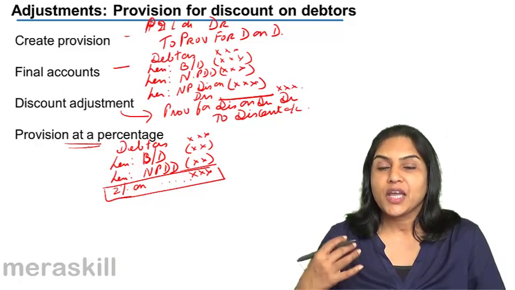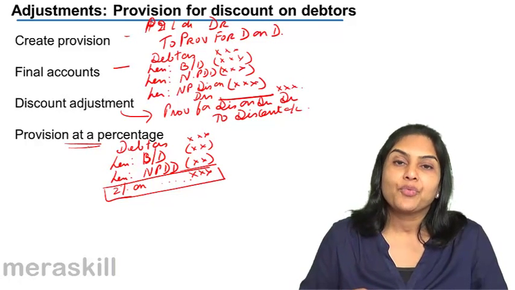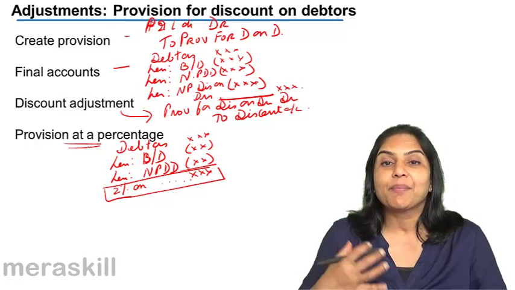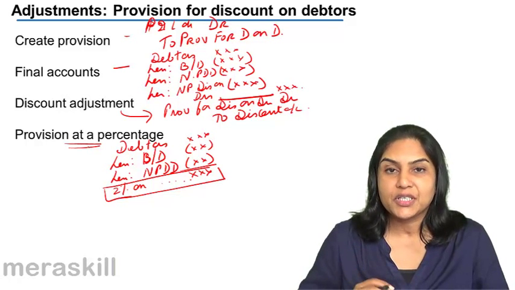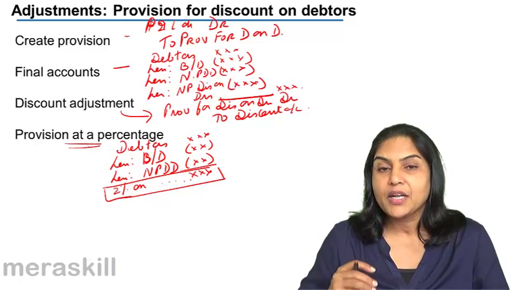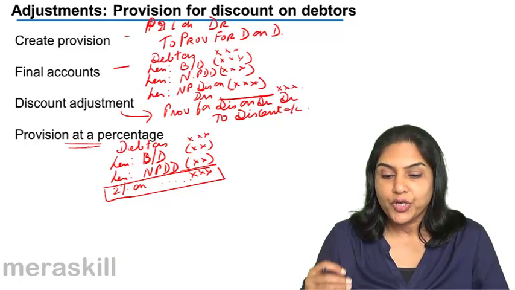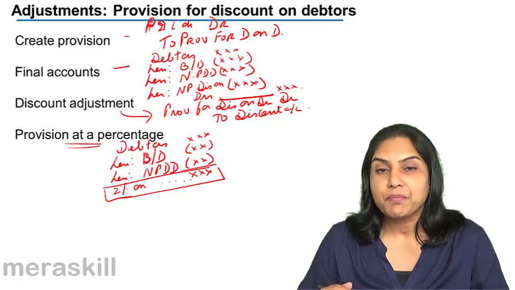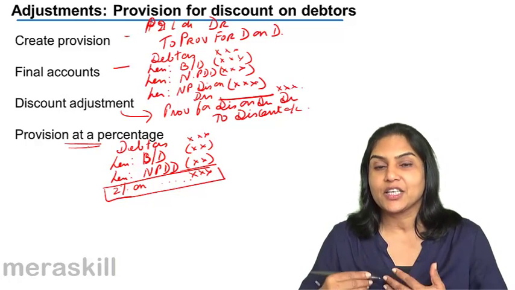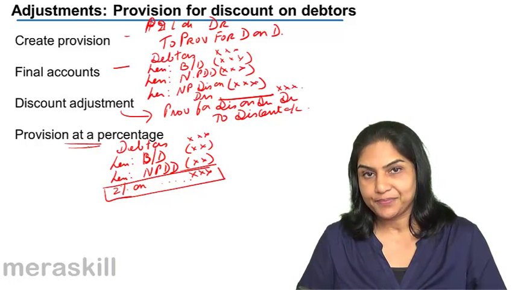This is because if a debt is doubtful, we really don't expect an early payment from this debtor. And providing for discount on debtors is nothing but providing for a discount which we would allow for an early payment of cash, early receipt of cash from customers.